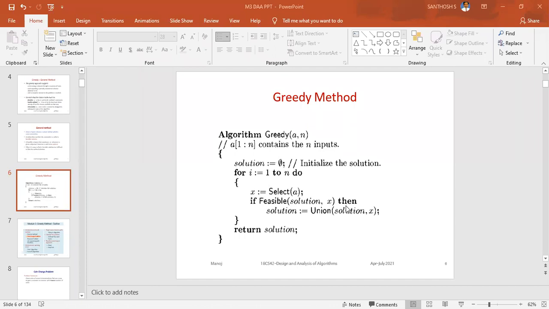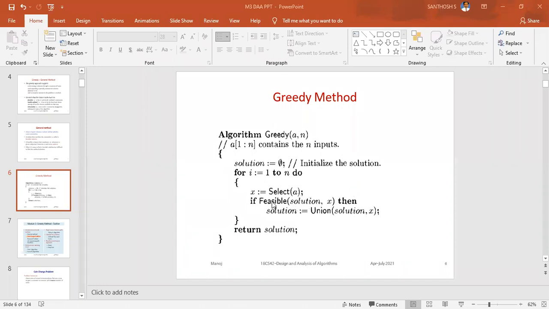Union is the operation you are going to use to choose all the solutions. So if n is equal to 3, how many subsets will you get? You will get 8 subsets, x1, x2, x3 up to x8.